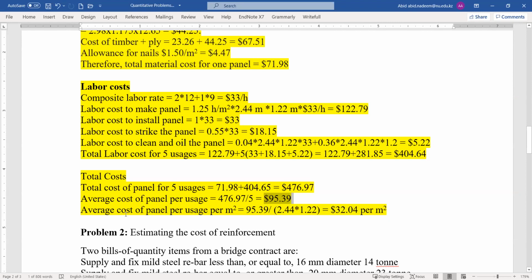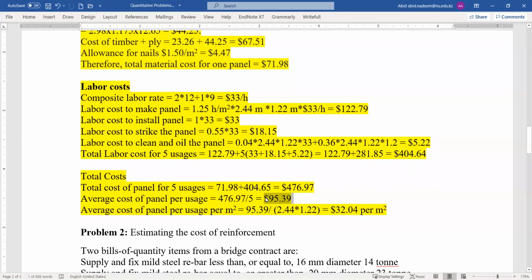So the average cost of the panel per use is $95.39, and then divided by its area, it will be $32.04 per square meter.